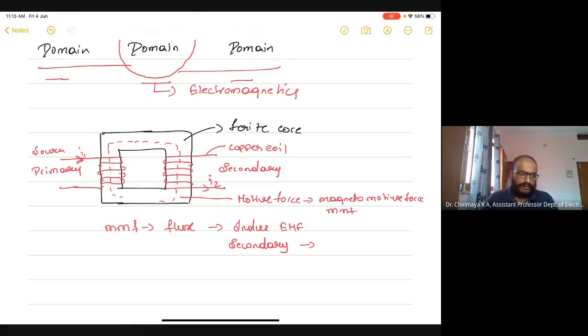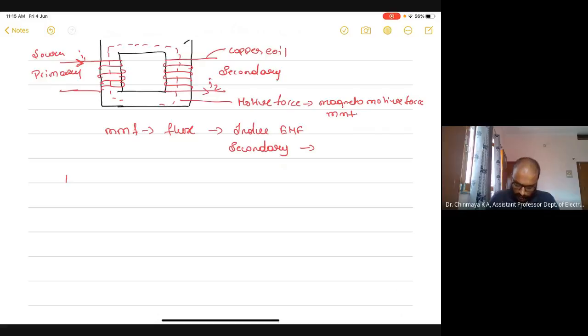So there are laws of electromagnetism, which we generally call Faraday's laws of electromagnetism, because they link the induced EMF in the electrical domain to the rate of change of flux in the magnetic domain.